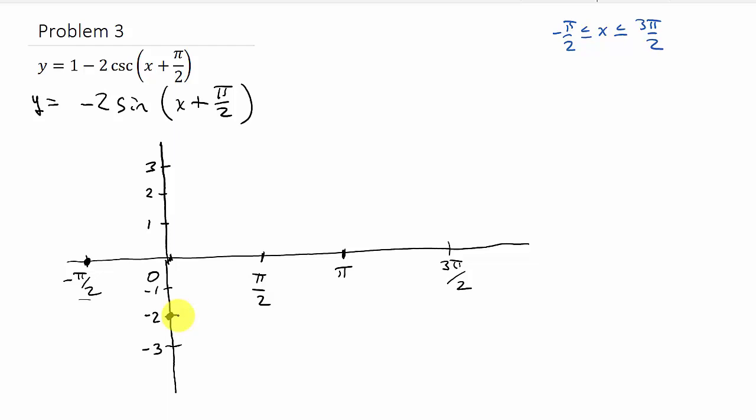Then it goes 0, maximum, 0, and then it goes to its minimum, but because of the negative in front, instead of the minimum it goes to its maximum, and then it goes to 0.